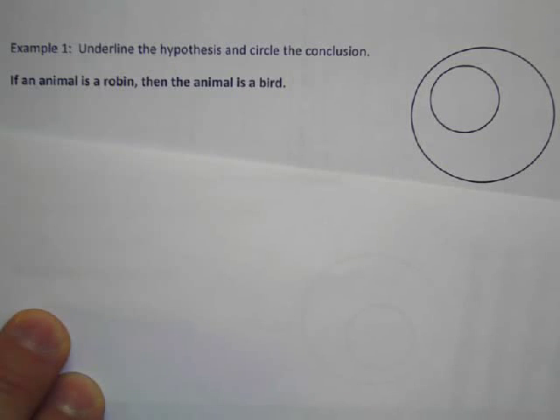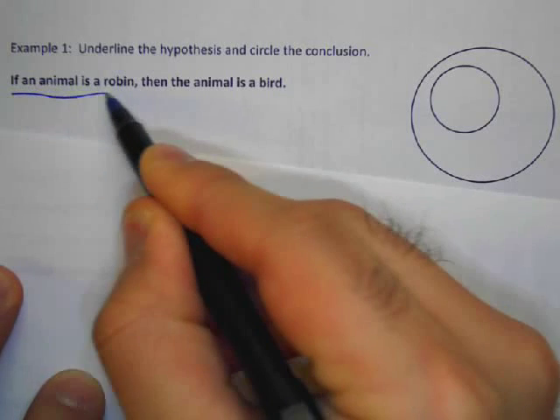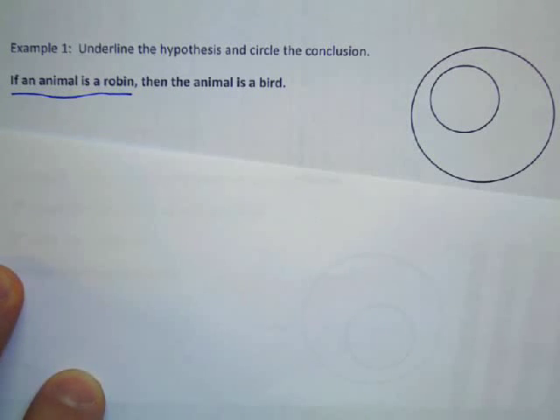Here is example 1 of a conditional statement. The directions say, underline the hypothesis and circle the conclusion. Just as you guessed, the first part here, if an animal is a robin, there's my hypothesis. Then the animal is a bird.